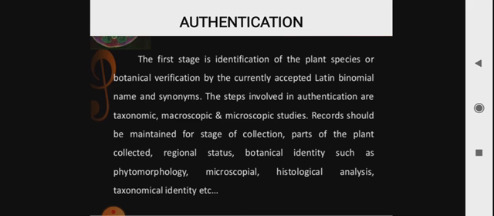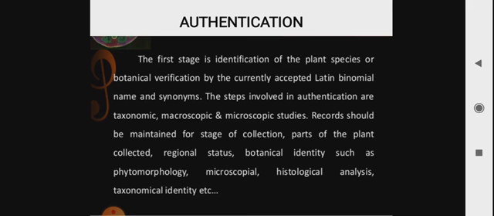And authentication means, on the basis of the taxonomic, macroscopic and microscopic studies, records should be maintained, means verify or authenticate the name of the plant or the scientific name of the plant. Then they issue the certificate or give their name, so it is called authentication.